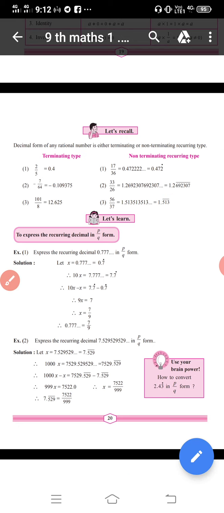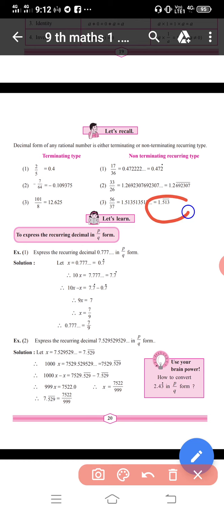So let x is equal to 0.777. Now here one number is repeated, so we take 10x. If a bunch of numbers is repeated, we count how many numbers are repeated. Here 3 numbers, 1 2 3, so we multiply the number by 1000.